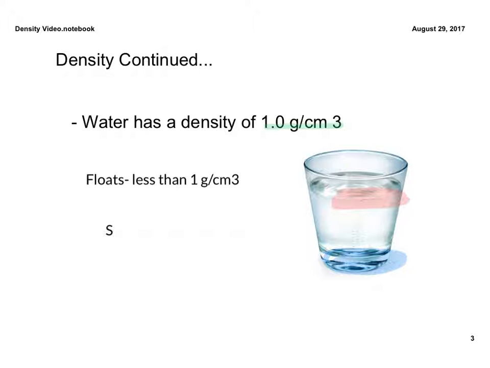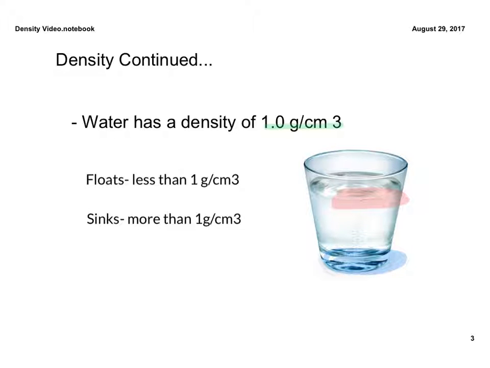So if the object sinks, that means that it is more than 1 gram per centimeter cubed.